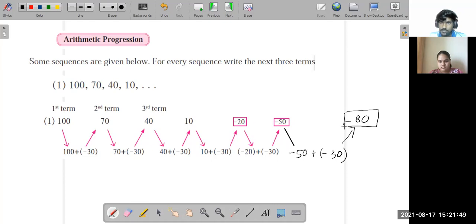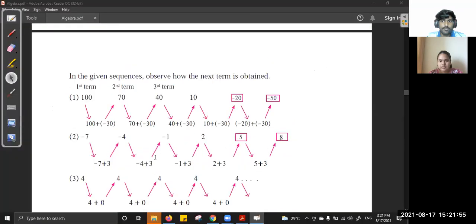Is this clear? So you have to find out the rule. Now in this first one, it was decreasing by 30. That's why I kept subtracting 30. In some other, it may keep increasing by 30 or so on.